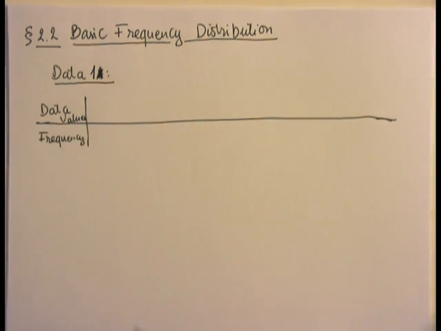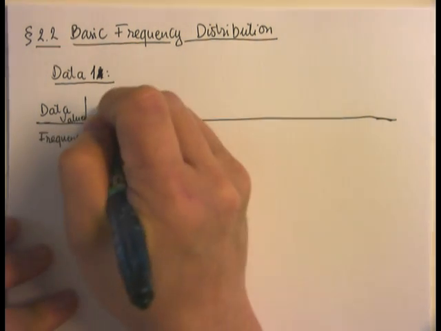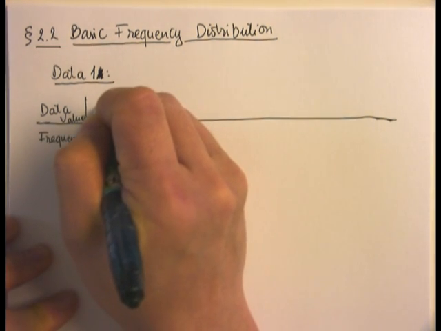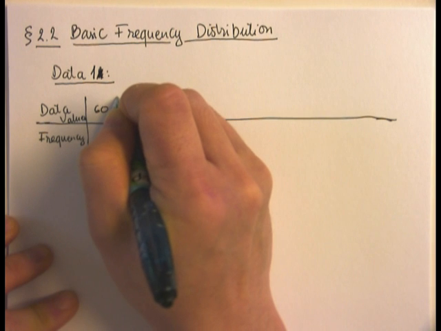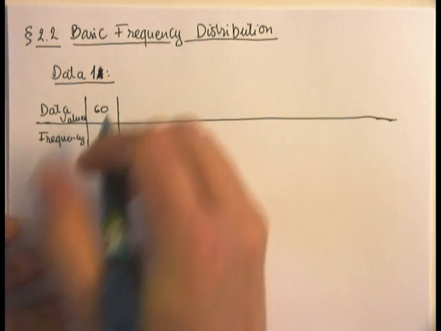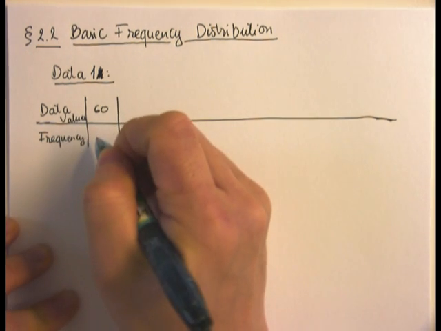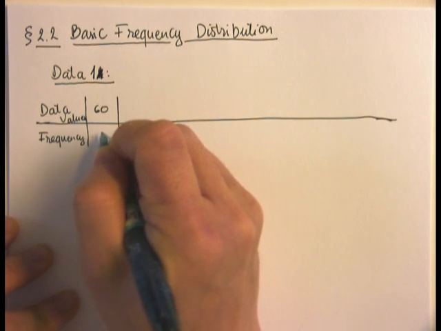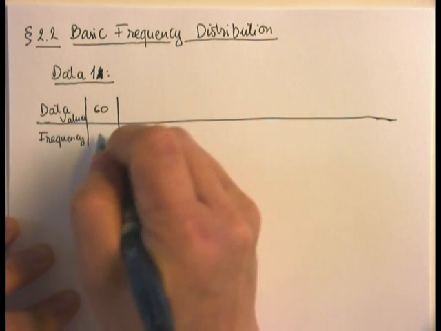Okay, so if you look into the data, the first data value that I see is a 60. With 60, there really are 3 60s in my whole data list, so I put a 3 here.